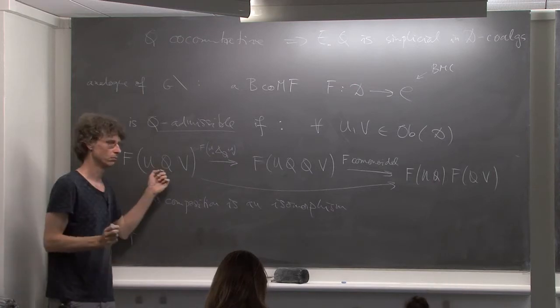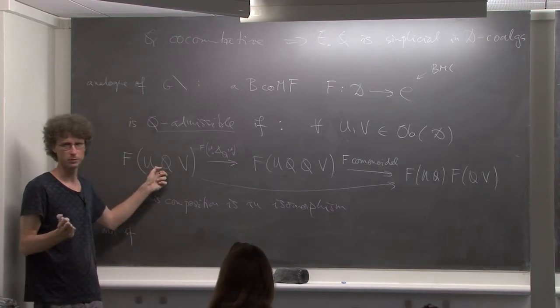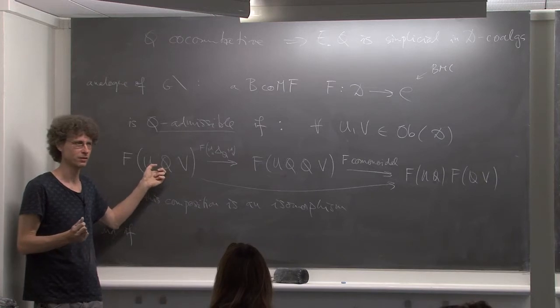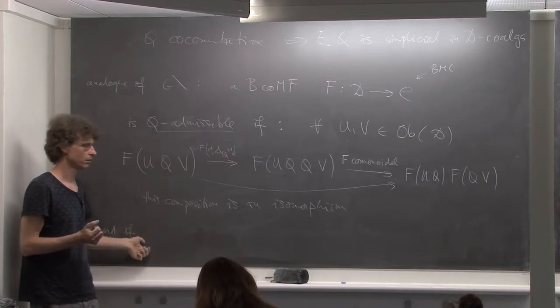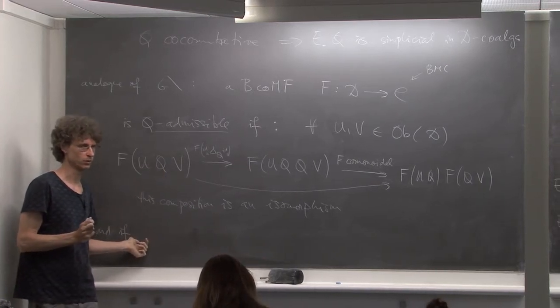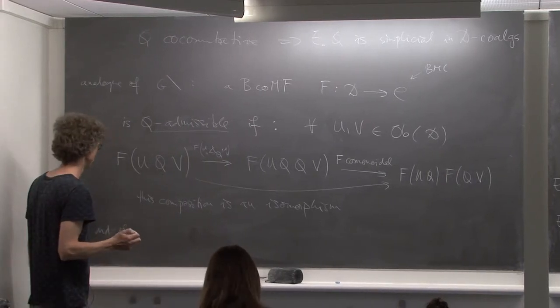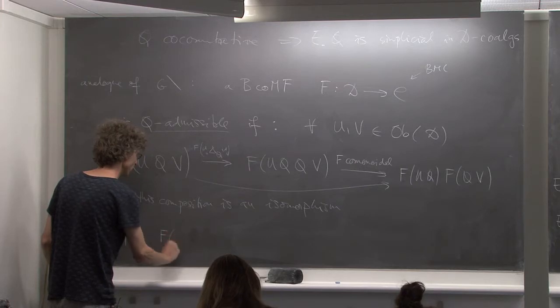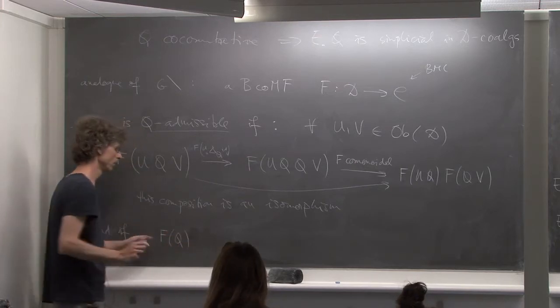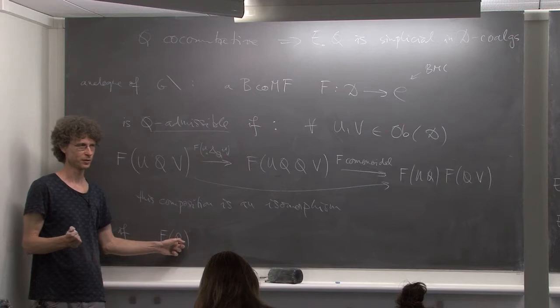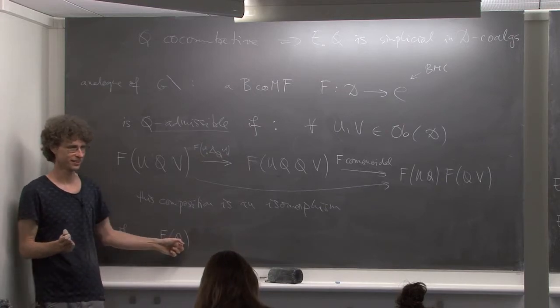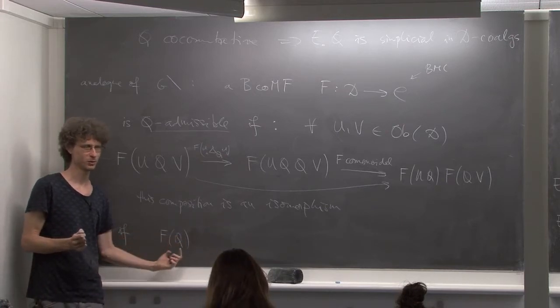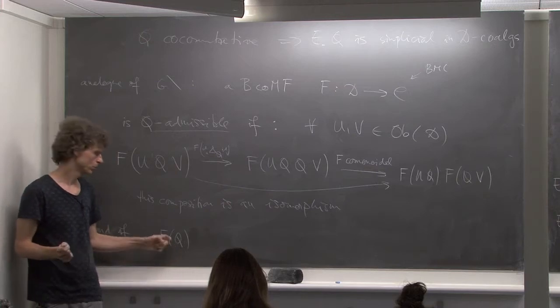Okay, that's the least comprehensible and most important part of that stuff. And there is still a little bit that one needs to do something with the unit, which is the following. So if I take just F of Q, now I want to really imagine that this F exactly kills that Q. So this becomes the unit object. How do I do it?